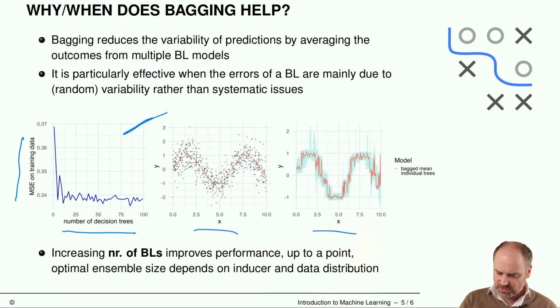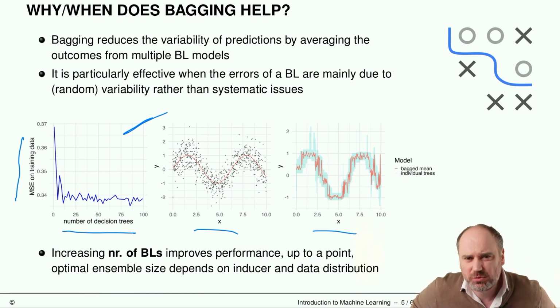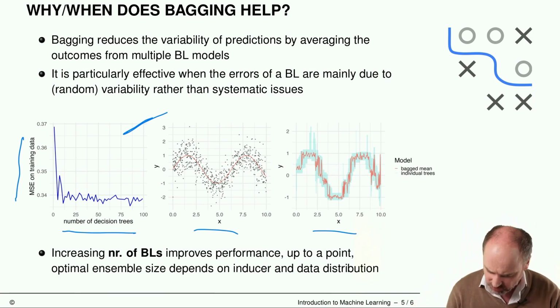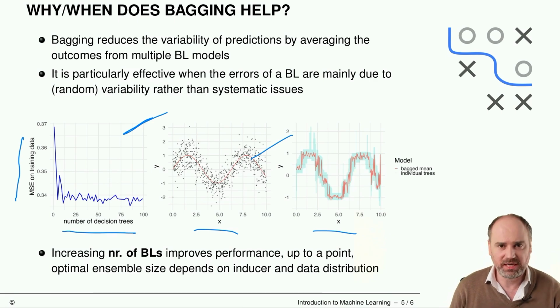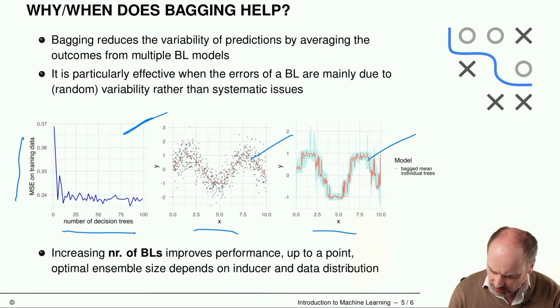On this plot, you can see the underlying data distribution. You can also see the true function that I've sampled from, so again, something like a sinusoidal curve. And here you can see the predictions of the individual trees as these greenish confidence areas in the background. You can also see the mean of the bagged ensembles.